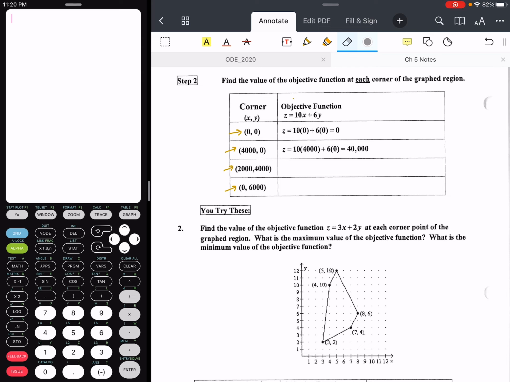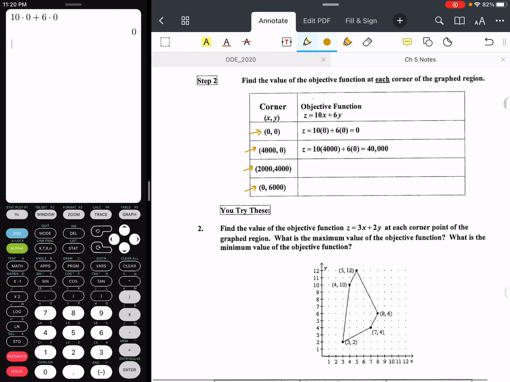So first for 0, 0, z equals 10 times 0 plus 6 times 0, which equals 0. So that's our first value. Next, at the ordered pair 4,000, 0, I have 10 times 4,000 plus 6 times 0, which gives me 40,000.